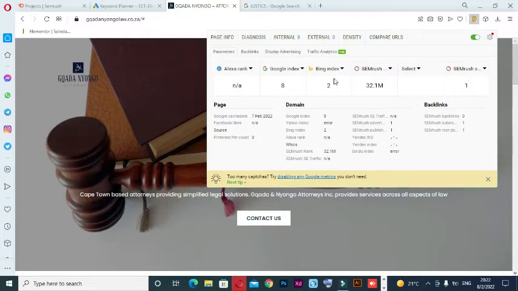So they say the website in Google's index is ranked, I think that will be in South Africa, number 8, which I doubt, but we will see. They are saying it's ranked number 8, probably in the legal fraternity, which we'll see later. Then in Bing's index it's number 2, which we will see later, and in SEMrush it's number 1.